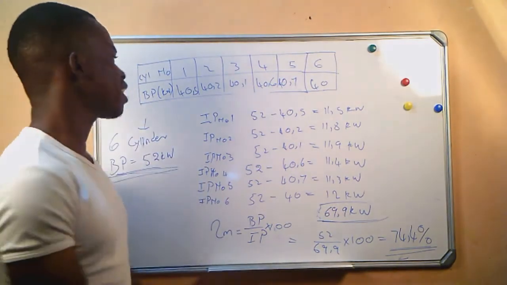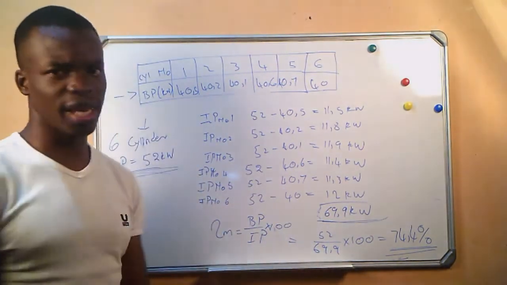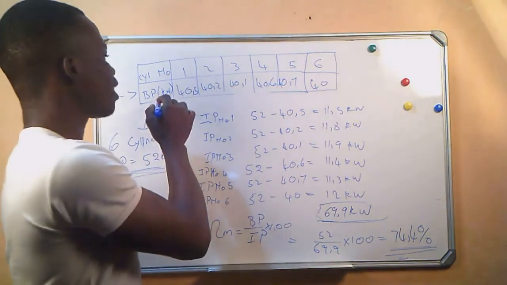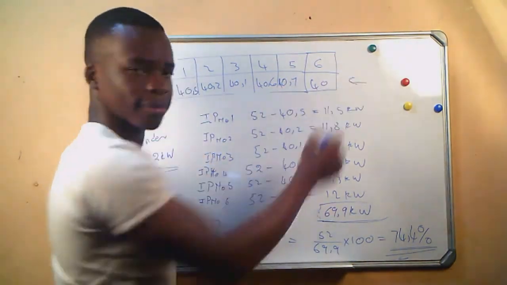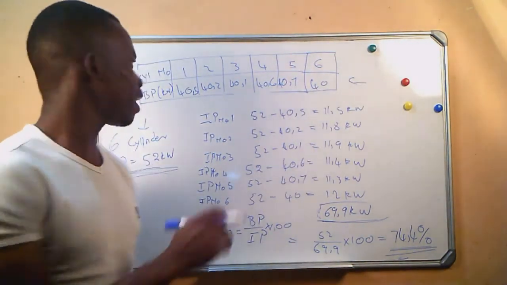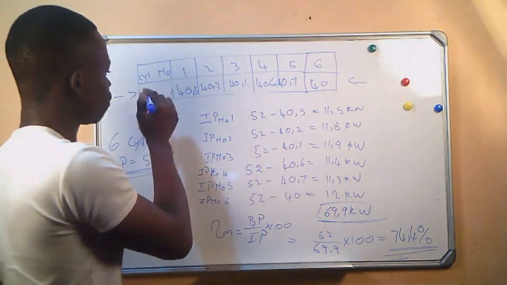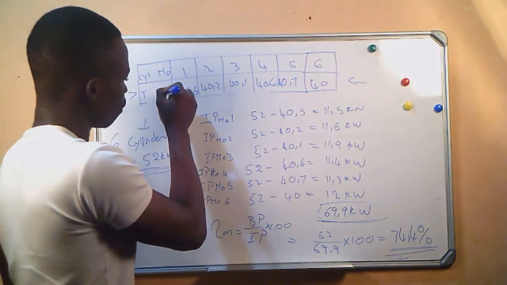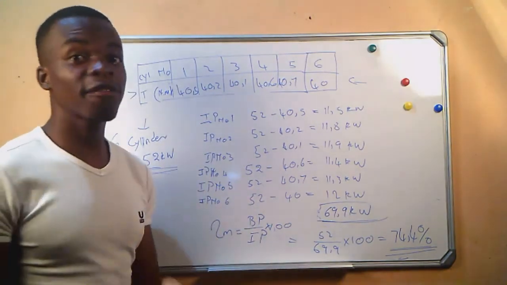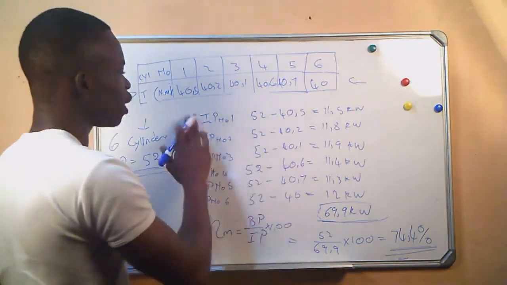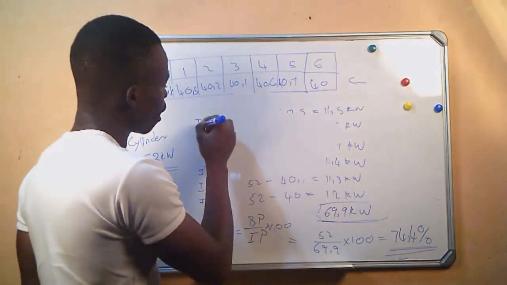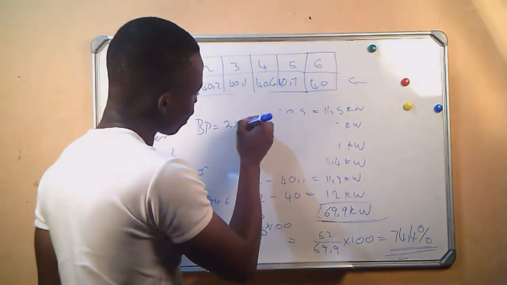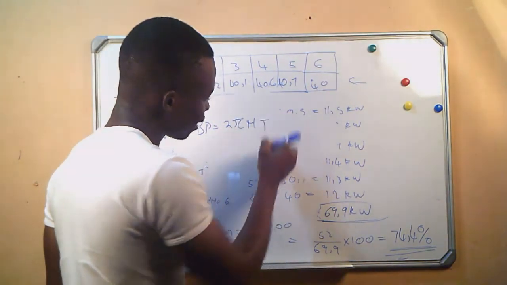Another thing, pay attention to the information that you are given in this column, because they might give you the torque, not the brake power. This might be the torque in Newton meters. And from here, what you need to do is first come to this equation: brake power is equal to 2 pi NT.